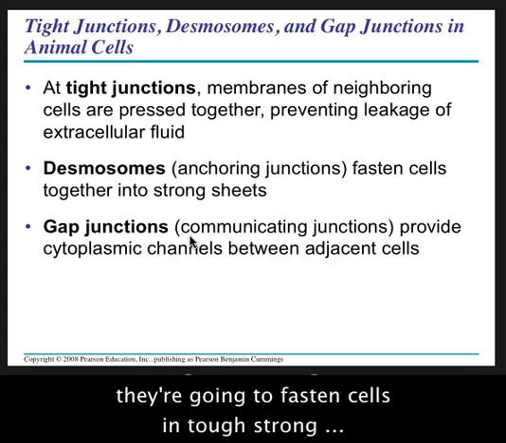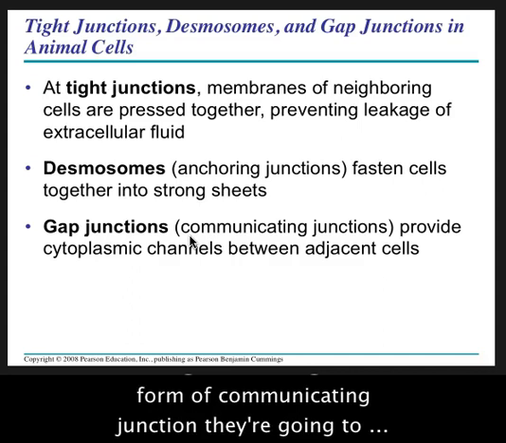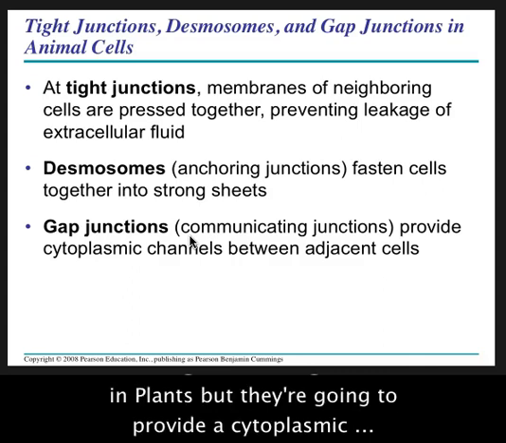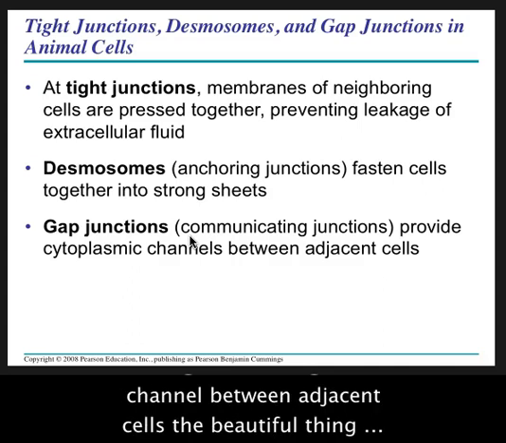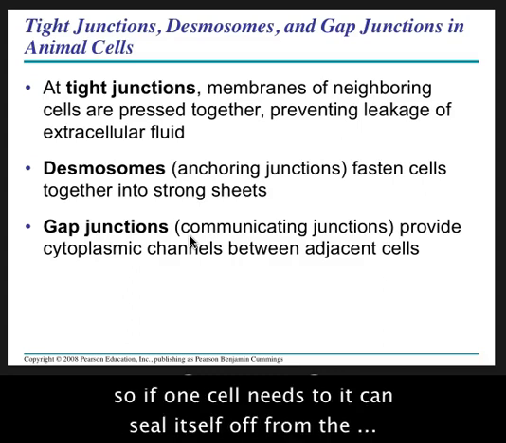Desmosomes are going to be anchoring junctions. They're going to fasten cells together in tough, strong sheets. And then gap junctions are going to be a form of communicating junction. They're going to provide a channel, kind of like the plasmodesmata did in plants, but they're going to provide a cytoplasmic channel between adjacent cells. The beautiful thing about gap junctions is they can seal off on either end. So if one cell needs to, it can seal itself off from the other cell.